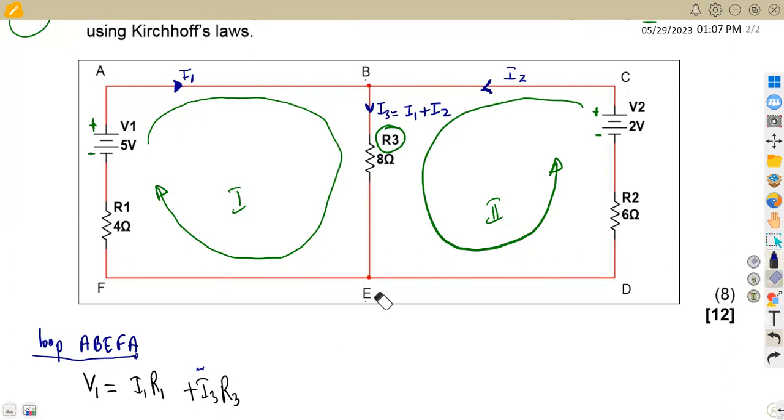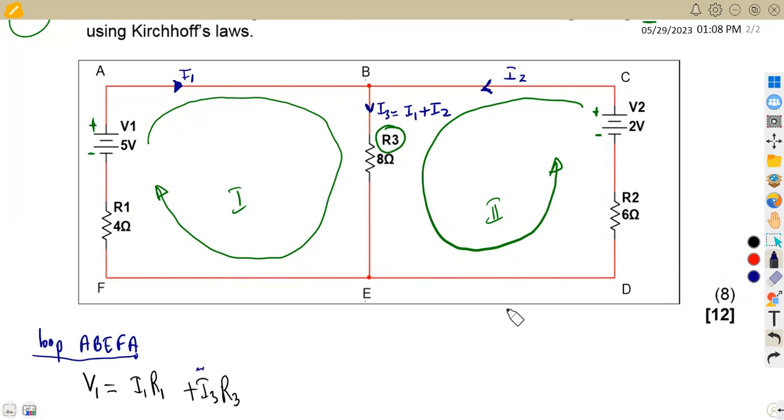We referred to it on this part, so I'm not going to rewrite it. I3 is I1 plus I2. So let us use this to formulate our equation in terms of the unknown currents I1 and I2. Then we move on to the other loop and do the same. So that is how you formulate these.